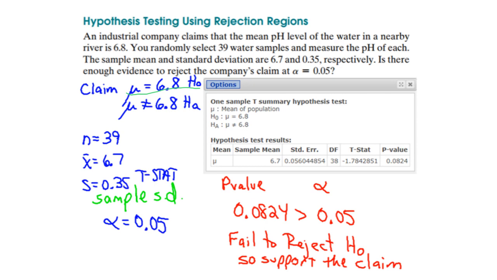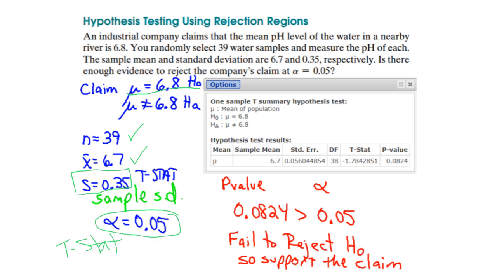I'm going to grab all the information I have. They gave me the sample size of 39 water samples, the mean of 6.7, the standard deviation, but it's the sample standard deviation. Notice it doesn't say population anywhere. So as soon as I see that it's the sample standard deviation, I know that I'm going to have to use t-stat. And then finally, they gave me my alpha of 5%.